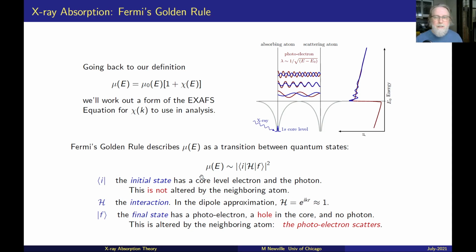And then there's a final state that has a photoelectron and a hole in the core, but no X-ray at all. And this is altered by the neighboring atom because the photoelectron scatters. So the photoelectron scattering from the neighboring atom is the final state, and that all describes the modulation of the XAFS due to the neighboring atoms.